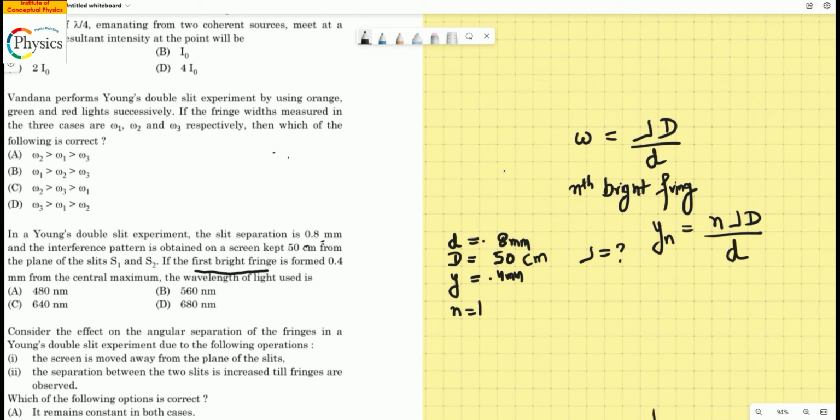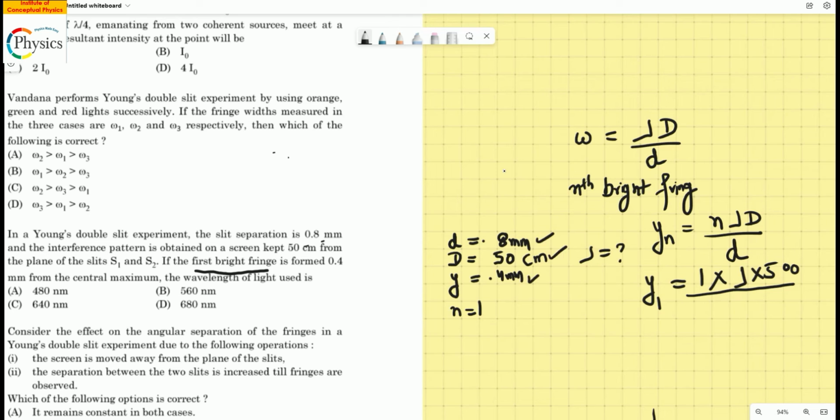This is the formula. So in our case, we are given the position of the first one. y_1 is given by n is 1, lambda is what we have to find, into 50 divided by 0.8 mm. Now this is in centimeters, so I'll convert this into millimeters because everything else is in millimeters. So this is millimeter, this is millimeter.